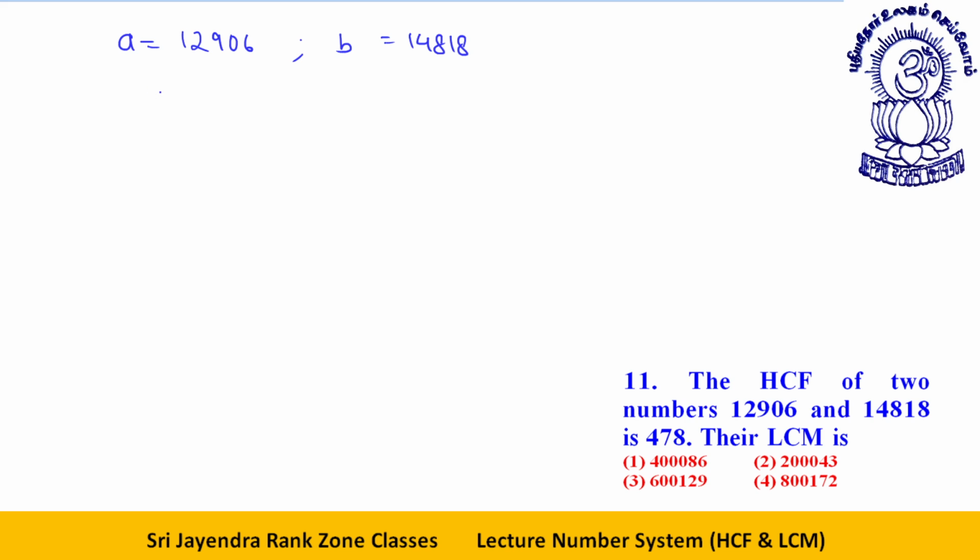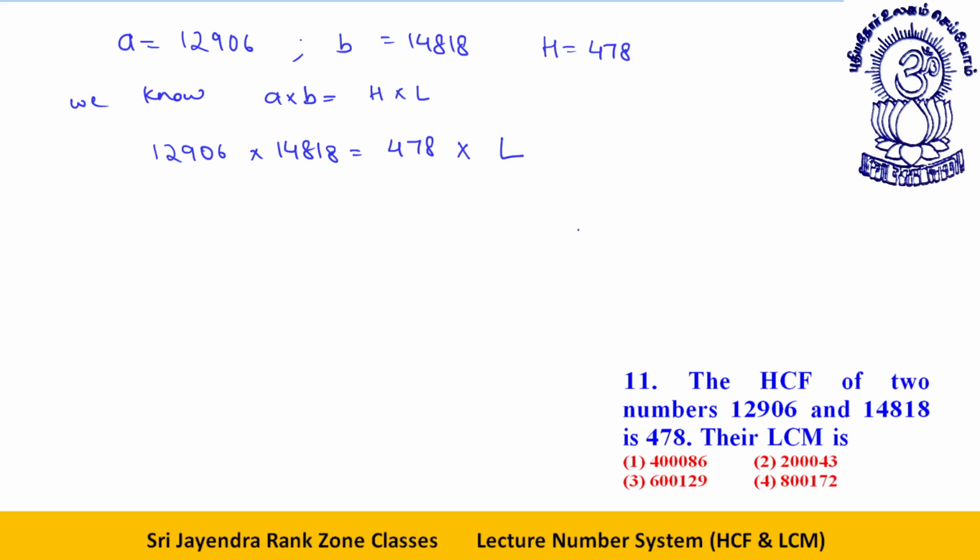Their HCF is given to us as 478. Now we know the property. So from here I can say 12906 into 14818 is equal to 478 into the LCM. Okay, dear students.